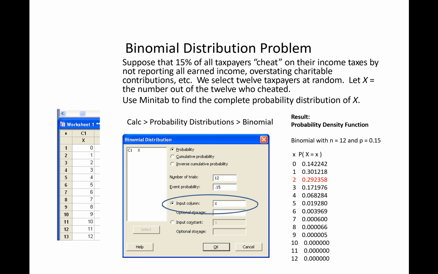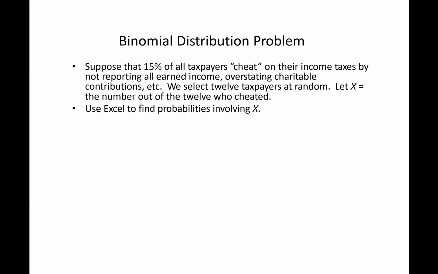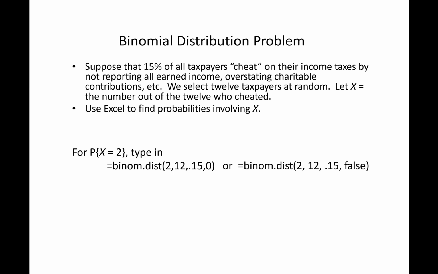And so now let's shift gears and look at Excel. If we want to use Microsoft Excel to find probabilities associated with the binomial random variable, we can do that using the function BINOM.DIST. So if we wanted the probability that x is equal to 2, we would say equals BINOM.DIST. The first input is x, so that's 2.